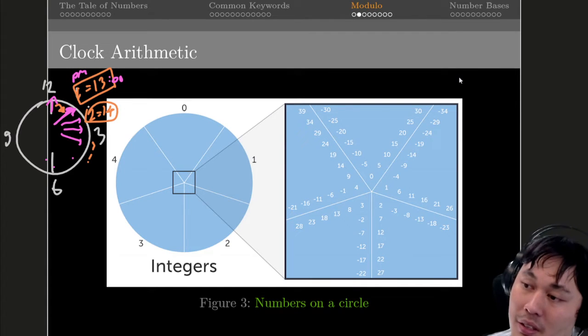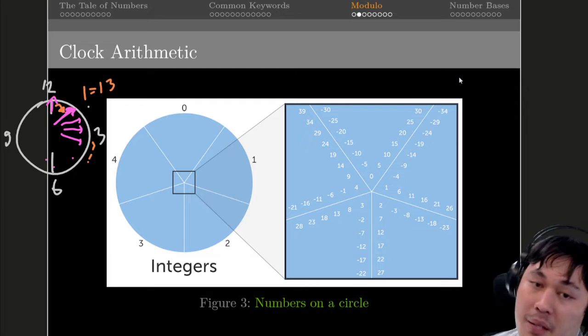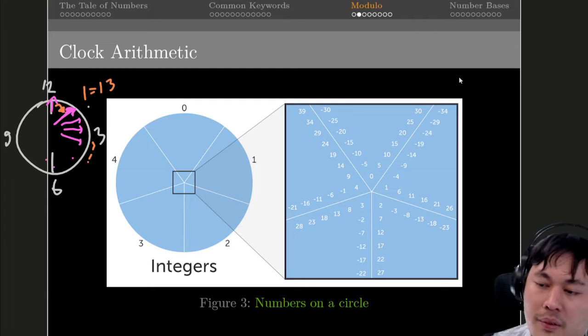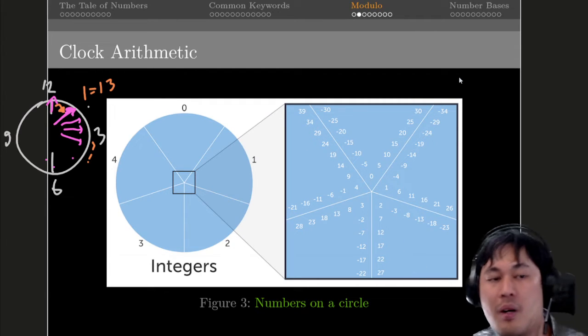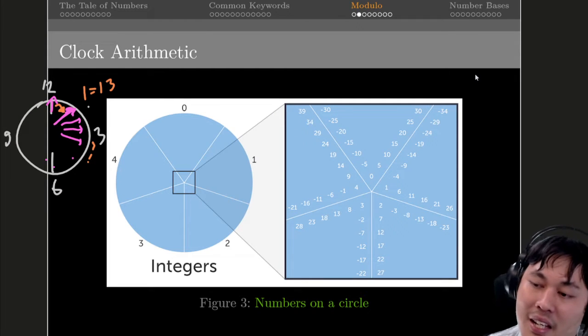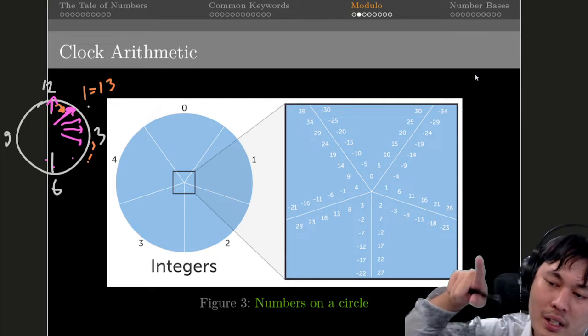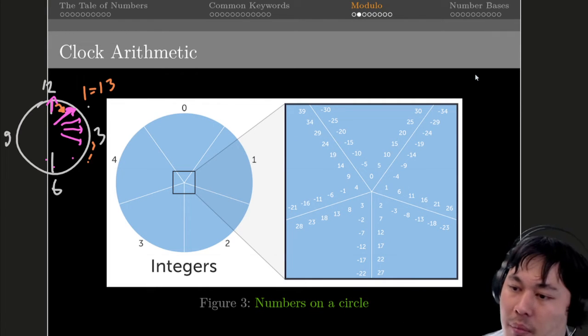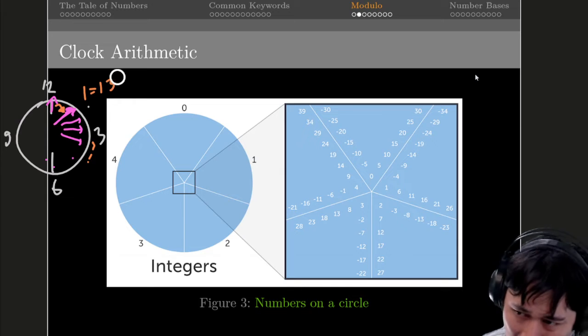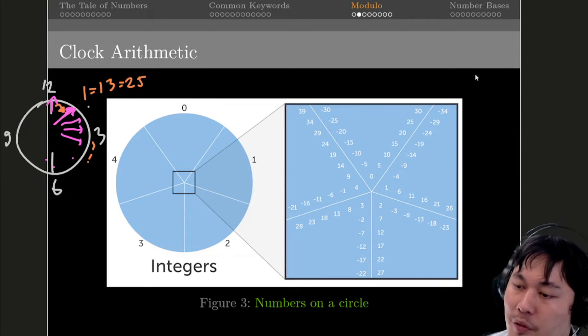But that means in this case, in what we call clock arithmetic, 1 and 13 are the same number. You don't know whether it's 1 a.m. or 1 p.m. or 13 o'clock. They are the same, because all we see is the hand of the clock pointing to that single number. And interestingly, it's also the same as 25.